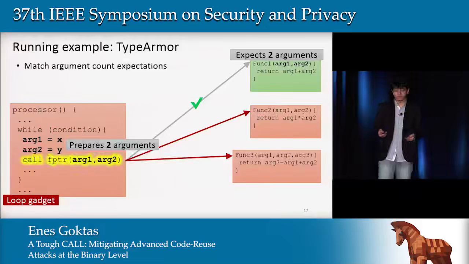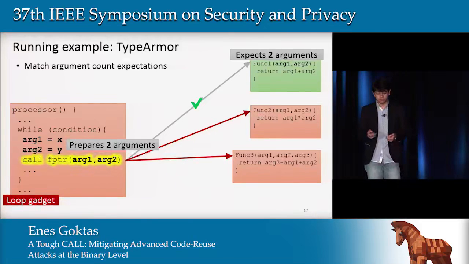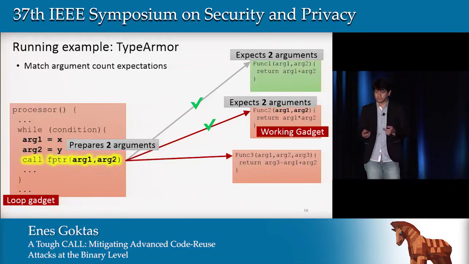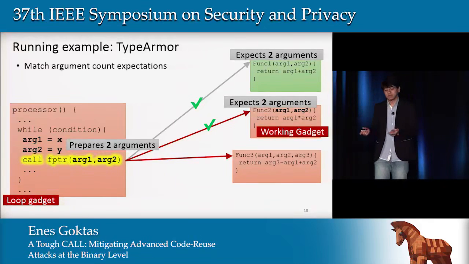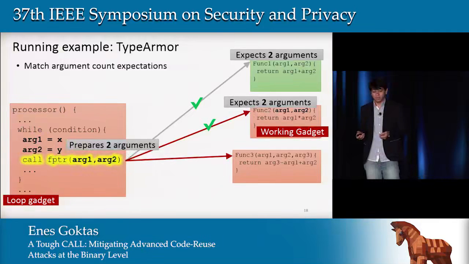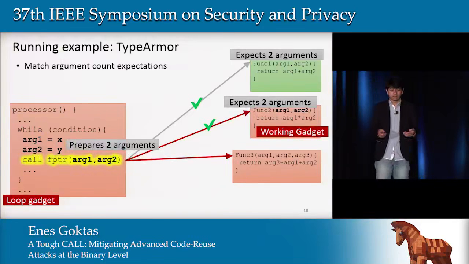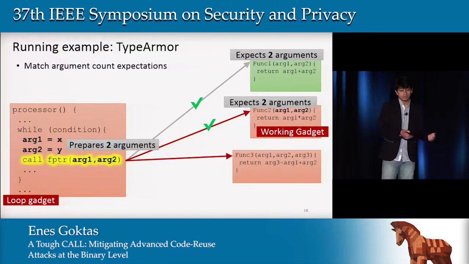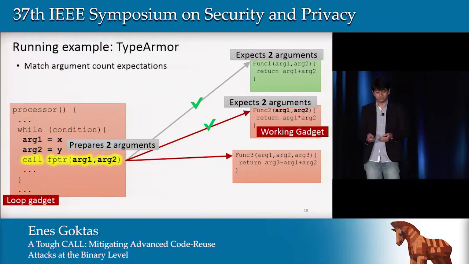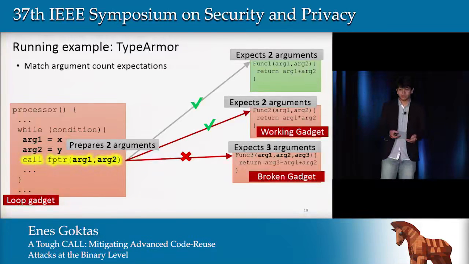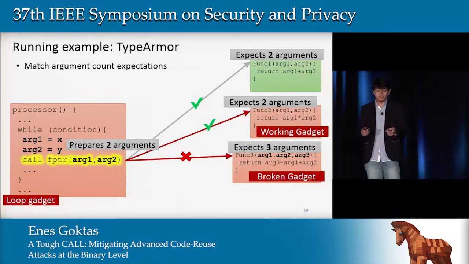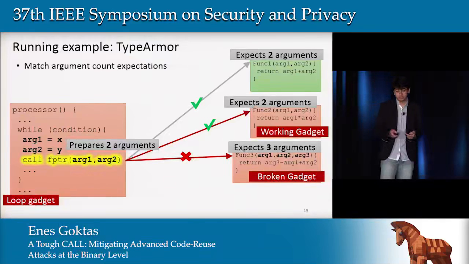TypeArmor would allow this link to be performed. The same applies for function 2, where TypeArmor determines that it also expects 2 arguments, and it would allow again the control flow from the indirect call to function 2. However, at function 3, it determines that it expects 3 arguments, and as a result, TypeArmor disallows this indirect call to go to function 3 because the matching didn't succeed.